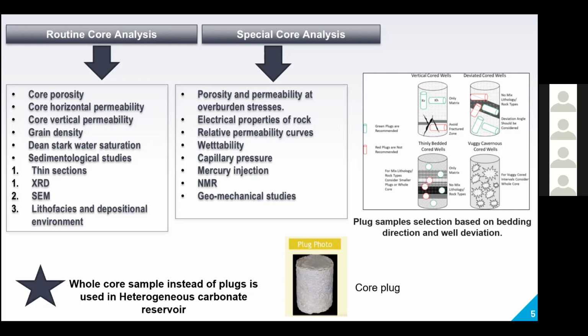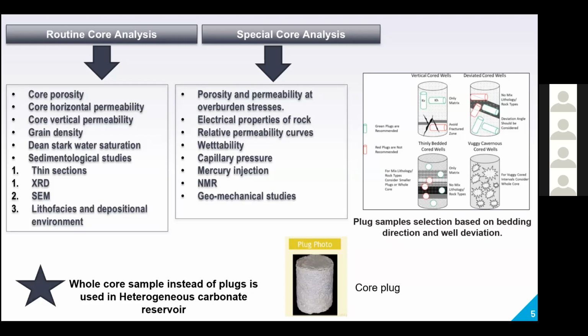Relative permeability curves are important for dynamic simulation and for constructing the petrophysical cutoffs and irreducible water saturation. Wettability is important for your reservoir characterization, to know if your reservoir is oil wet or water wet. Capillary pressure is important for saturation height modeling and reservoir quality evaluation.